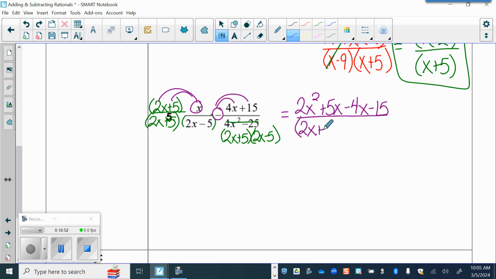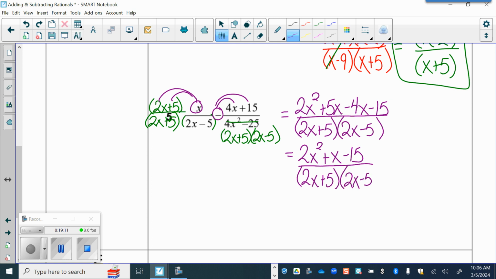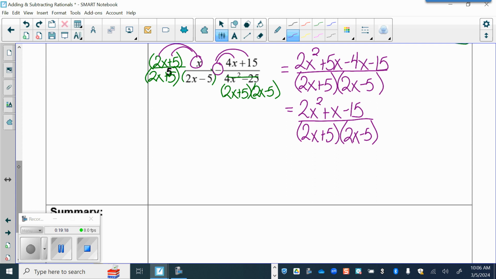Over 2x plus 5, 2x minus 5. Clean it up: 2x squared plus x minus 15 over 2x plus 5, 2x minus 5. Yes, I can factor that top. So let's see, 2x and x.